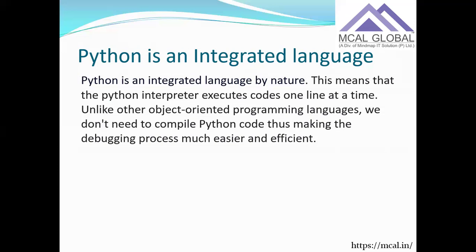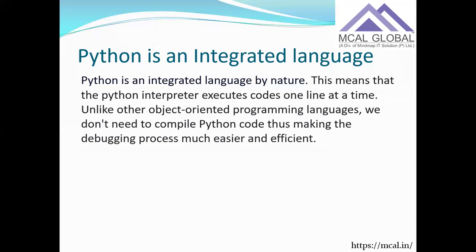When it finds an error in the case of an interpreter, it doesn't list out all the errors in one go. It gives the nearest error, and you have to resolve that error first, and then it goes to the next error.